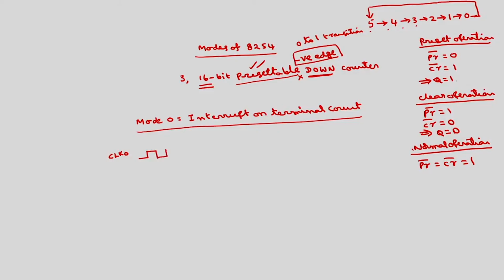The clock of the 8254 can operate from DC to 10 megahertz, depending upon the application. This is the clock. Of course, I am plotting an ideal clock; the practical clock will have some slopes at the transitions.